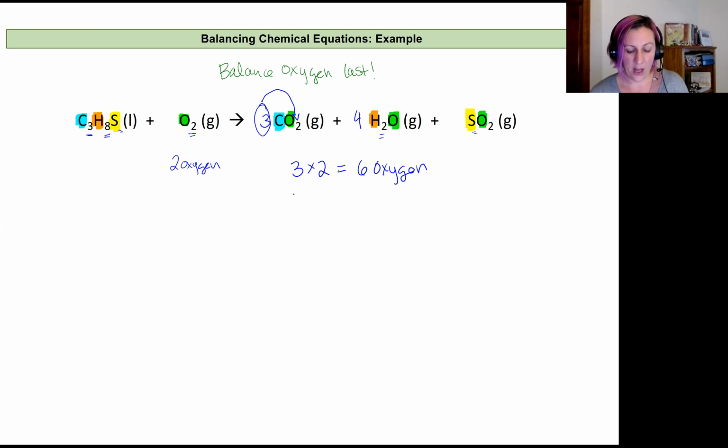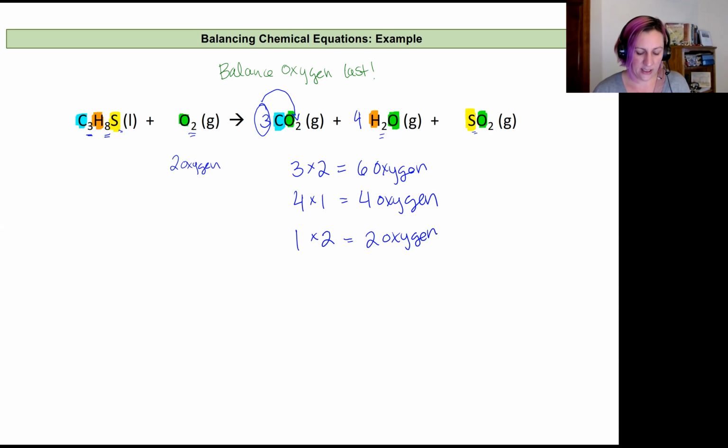Then for my water, I have 4 times 1, that equals 4 oxygen. And for my sulfur dioxide, I have 1 times 2 for 2 oxygen. And remember, this column is representing my coefficients, and this column is representing my subscripts.